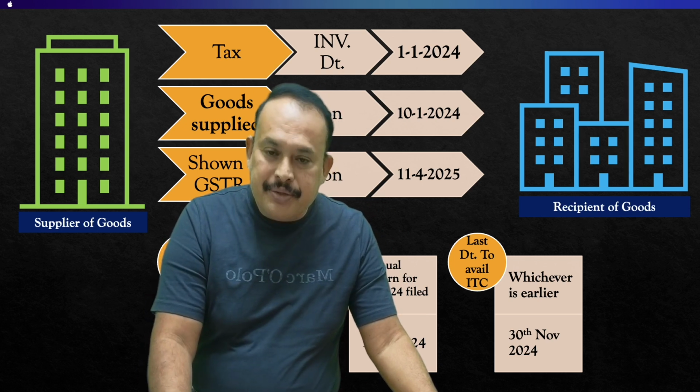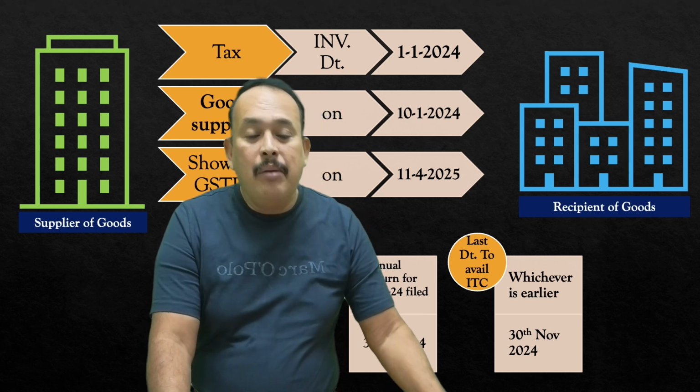Further, my dear friends, now I am going to bring to your notice a very important circular of the CBIC. The circular I am going to refer to is circular number 211 of 2024, recently issued, and well applicable from the exam point of view.